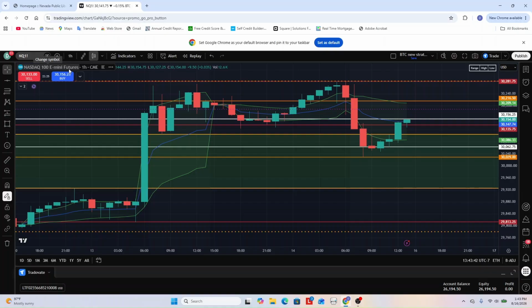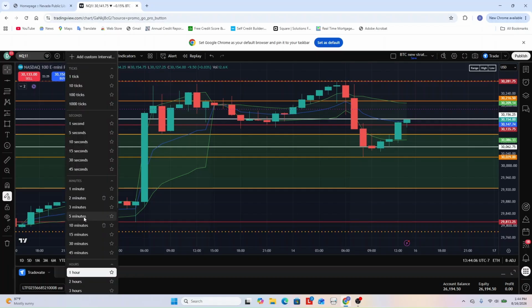If I don't see anything on there, I'll look in between the 3 and the 1 minute. Sometimes I do take my trade off the 15 minute, but for the most part, my entries are going to be on the lower time frames, which is the 5, the 3, the 2, and the 1 minute.